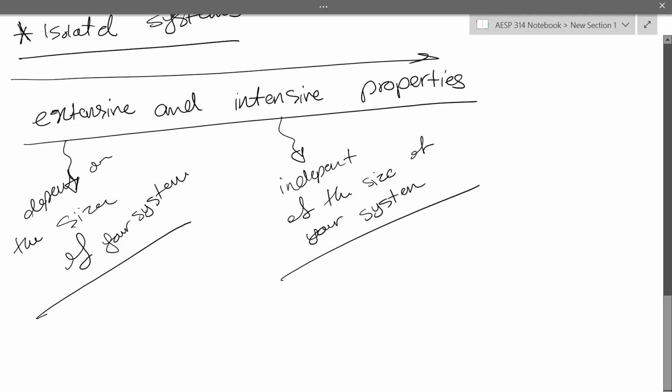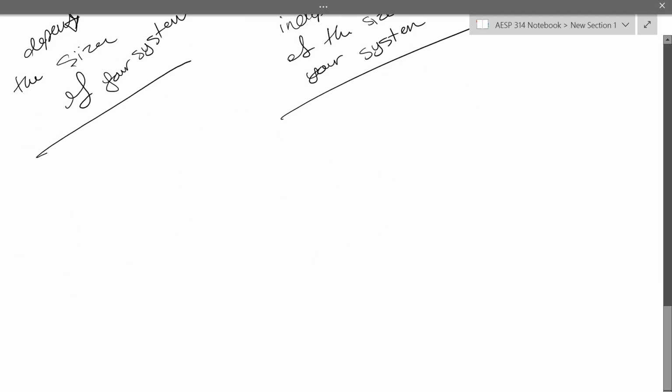To get the ball rolling, I'm going to give you an example of extensive properties first, and then I'll ask you to come up with some examples of it. Think of some examples. So like properties that do depend on the size of your system, very simply you can say mass. Because mass does depend on the size of the system, right?